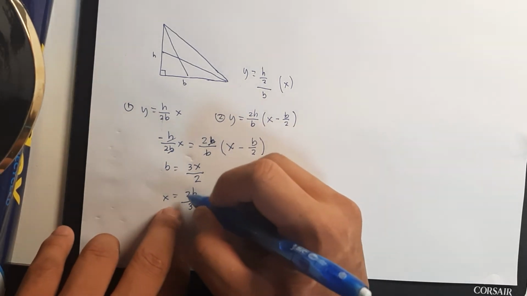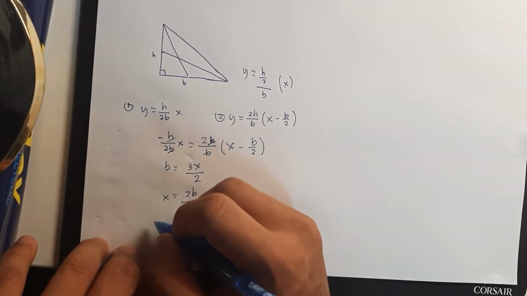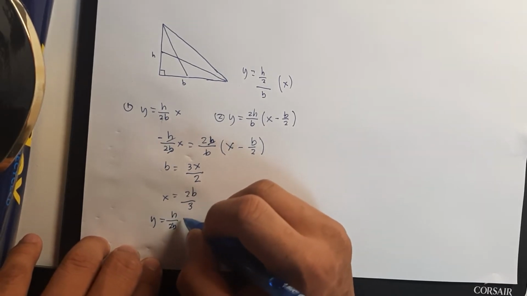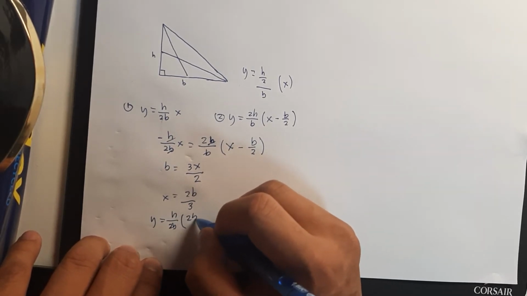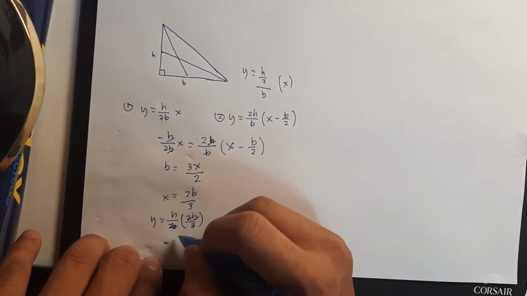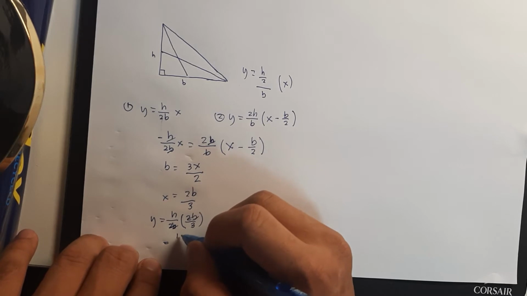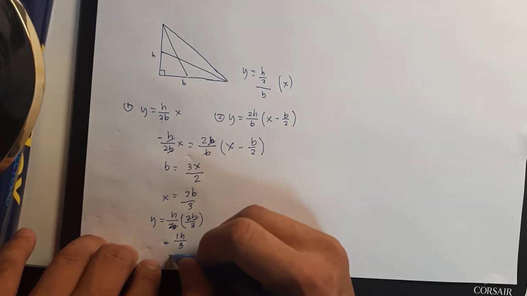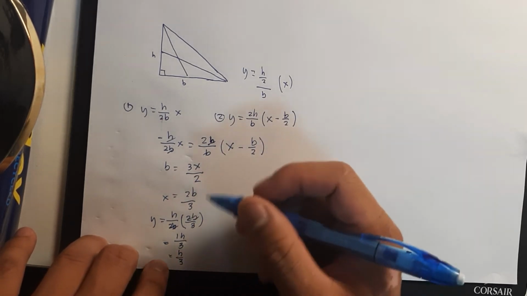So we substitute that with this one. So y equals h over 2b times x, which is 2b over 3. Cancels out. That would be h over 3, one third h equals h over 3.